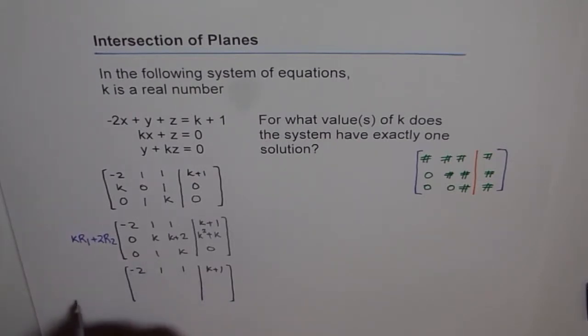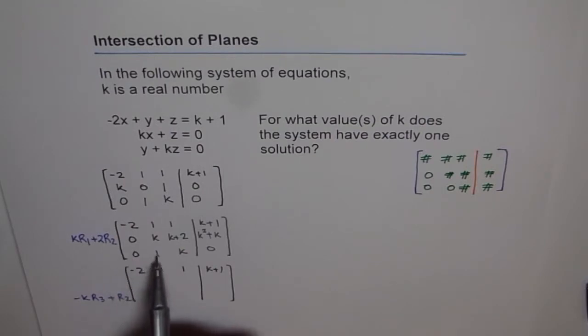That also we can do. So we'll do minus k times R3 plus R2. So basically what we are doing is we are multiplying this by minus k, right? And then adding this with R2. So if I multiply this by minus k and add this up, then minus k plus k will be 0, right?